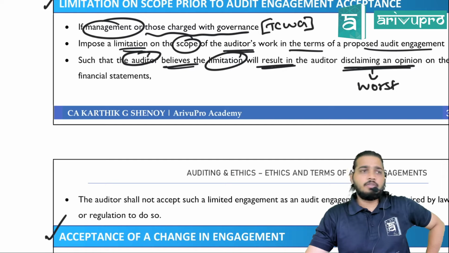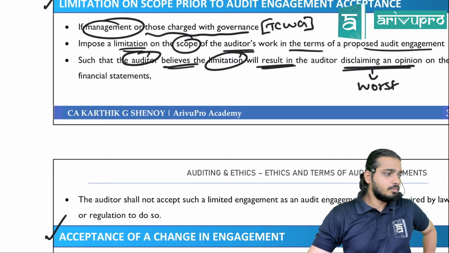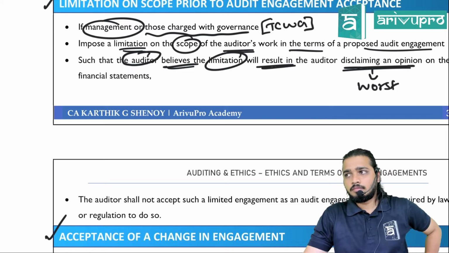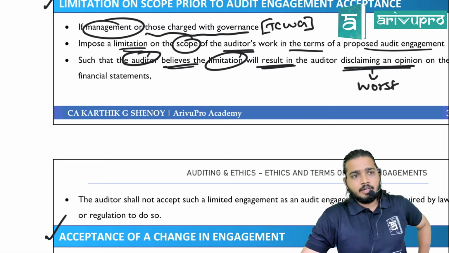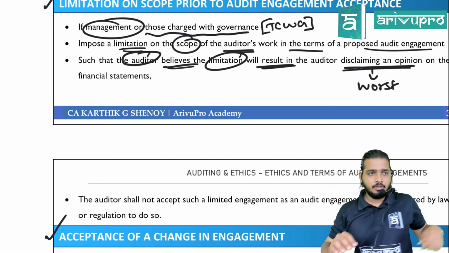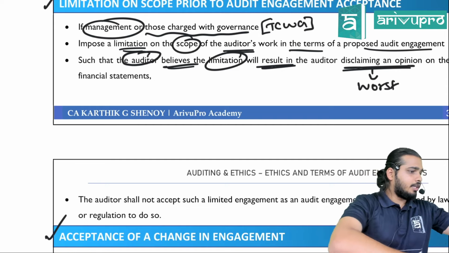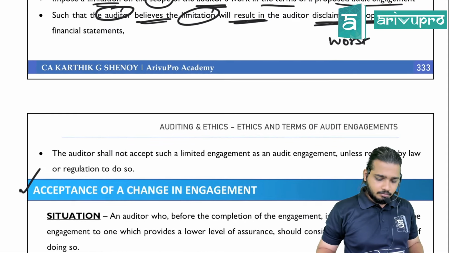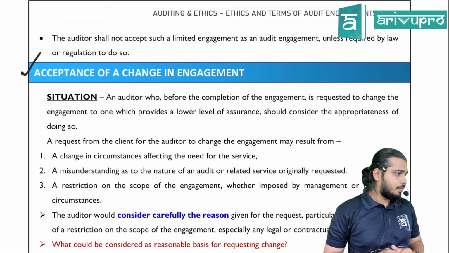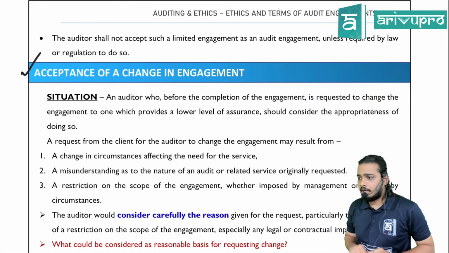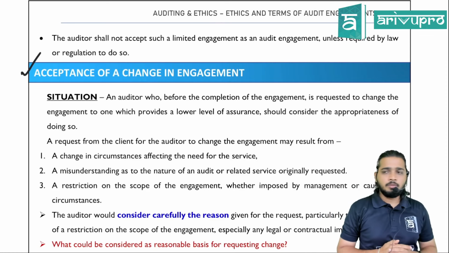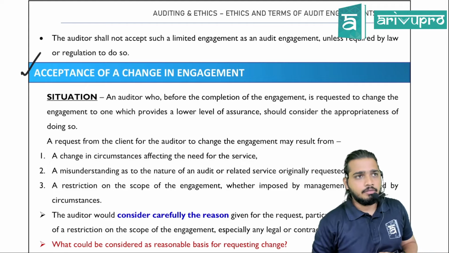Disclaiming an opinion means the auditor does not have any opinion, and this is the worst opinion the auditor can give.